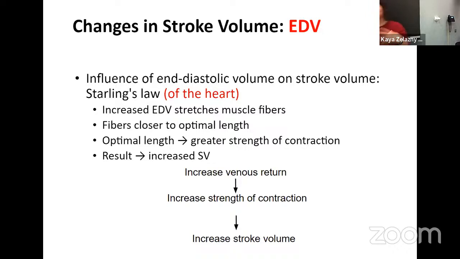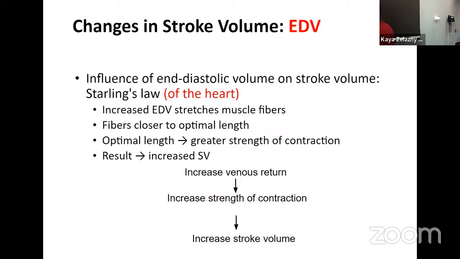So if we increase the amount of blood in the heart, we stretch those muscle fibers a bit, and as we stretch them, they get closer to their optimal length. So when they get closer to their optimal length, that means the cross-bridge cycle just works a bit better, and we're going to create a greater strength of contraction. Because those muscle fibers are now going to be at their optimal, most effective length, we're squeezing harder, which means we are also increasing our stroke volume.